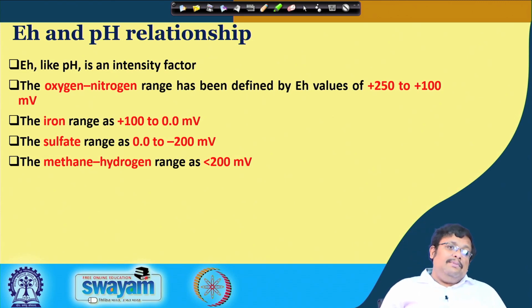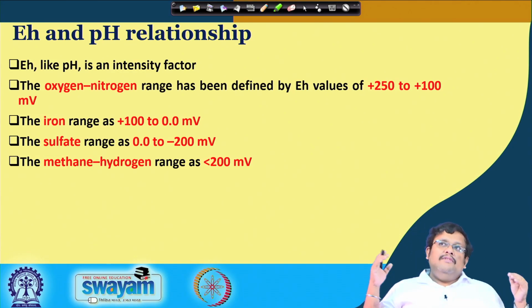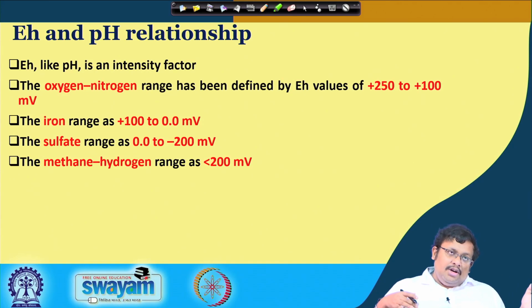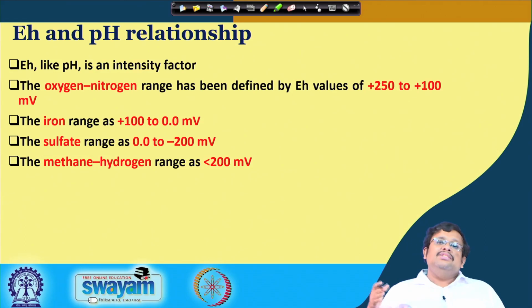Different ranges for different elements have been defined, and the conversion of different oxidized forms to reduced forms is accompanied by a range of EH values. For example, in the case of oxygen and nitrogen, this range has been defined by EH values of plus 250 millivolt to plus 100 millivolt.